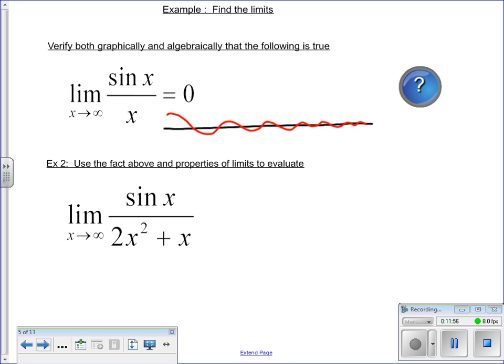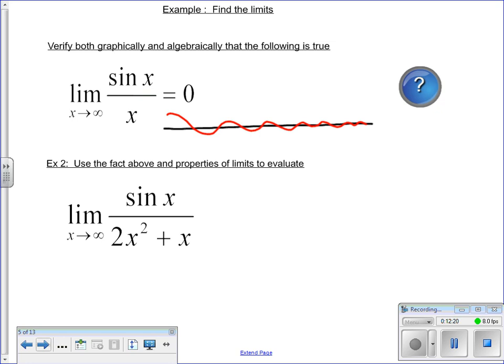Now here's the thing. This is asymptotic behavior. You've always been taught an asymptote is a line where your graph approaches but never touches. This one repeatedly crosses the asymptote. It's kind of like one of those where you zoom in and you get the exact same thing every time. No matter how close you zoom in, it will always look like that when you get out to the ends.